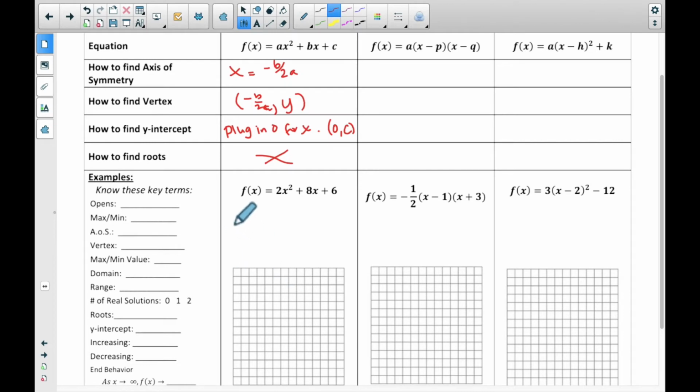So first of all, we will find the axis of symmetry by negative b over 2a. And that comes out to be negative 2. Then we're going to take that negative 2 and plug it into the function to find our y value.